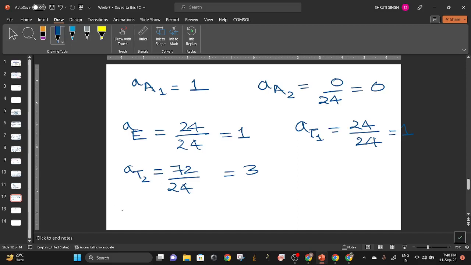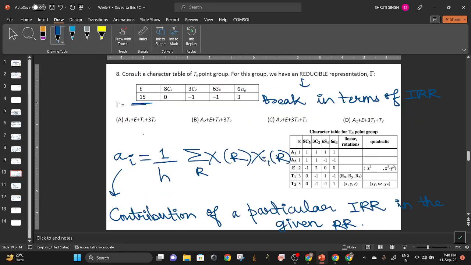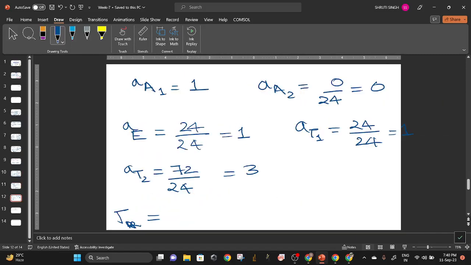So this reducible representation, 15, 0, minus 1, minus 1, 3, can be written as 1 times A1, 0 times A2, so A2 does not contribute, then 1 time E, 1 time T1, and 3 times T2.